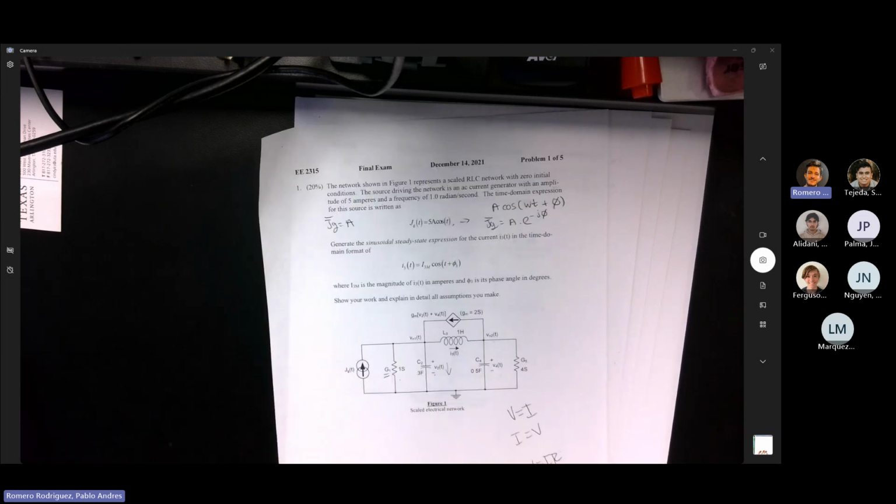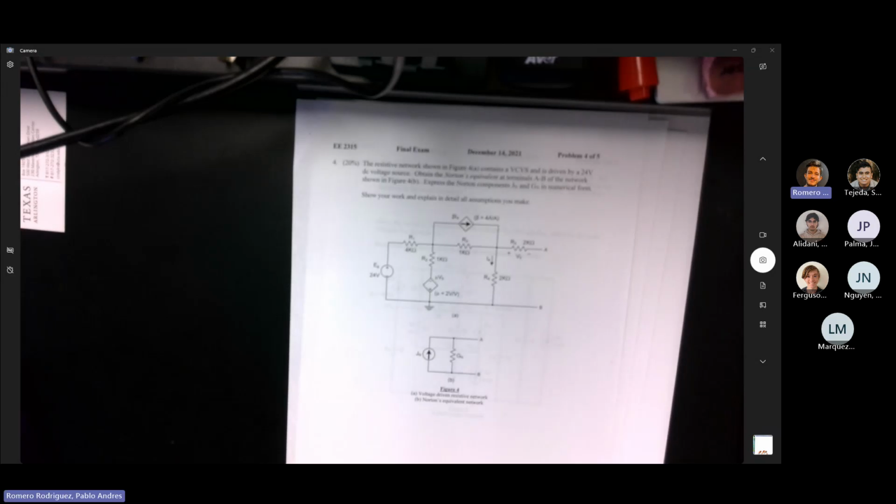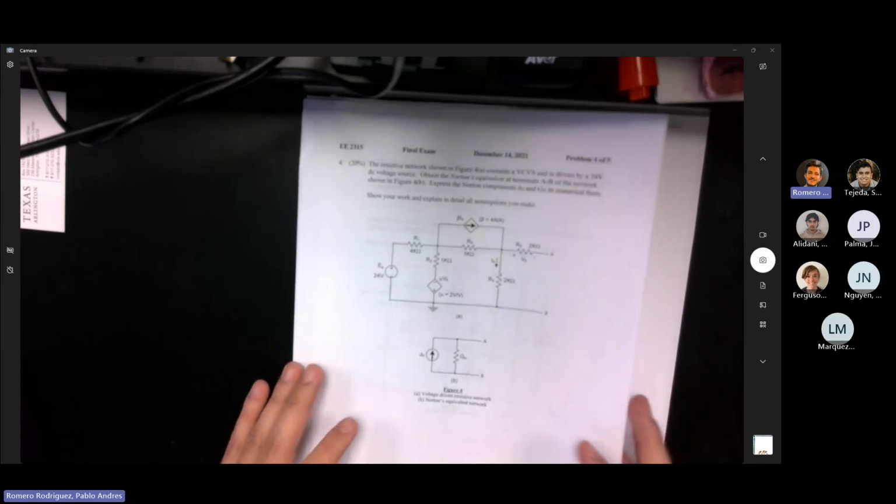No second order, no differential equations. So which one do you guys want to do? You want to do Thevenin's or you want to do Norton's? I agree with that. Thevenin, Norton's.